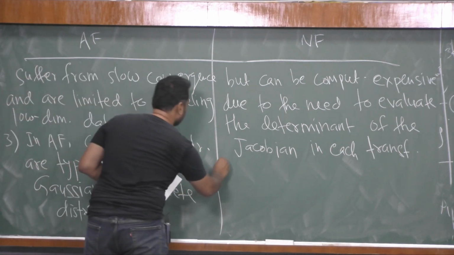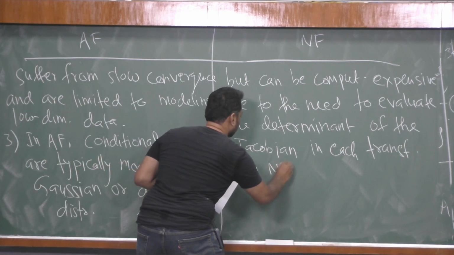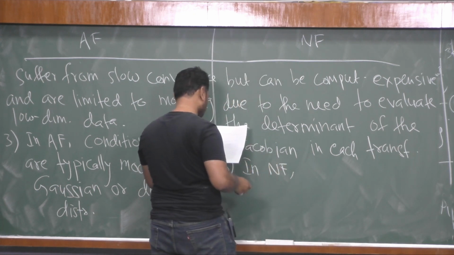Whereas in normalizing flows, the transformations can be any invertible functions.